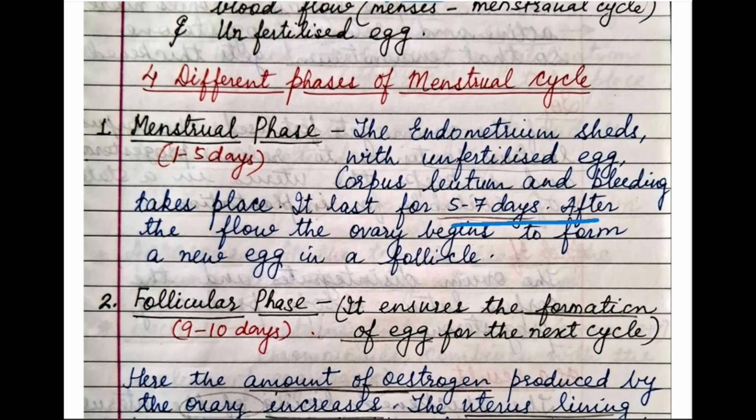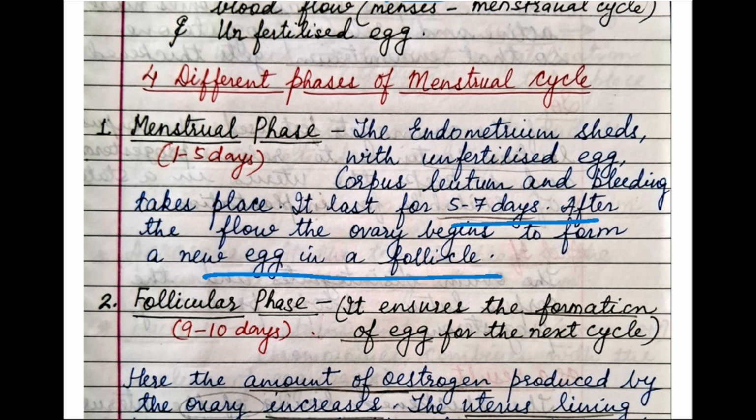It lasts for 5 to 7 days, and after the flow, the ovary begins to form a new egg in a follicle. That will form a layer, and you will find one important diagram related to this topic. Study that diagram properly, because in this chapter there are a lot of diagrammatic questions which will come in your exam.